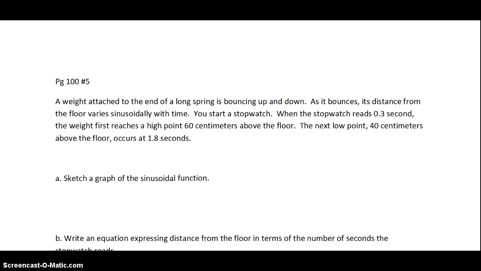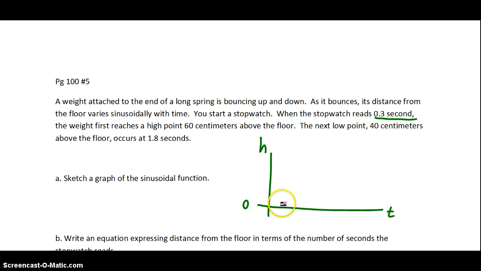So first they want us to sketch a graph of this sinusoid. Notice they say when it reaches 0.3 seconds. So our time t is our x-axis, and our height h is how far above the floor we are. Obviously 0 is the bottom where it hits the floor, but we don't need that.